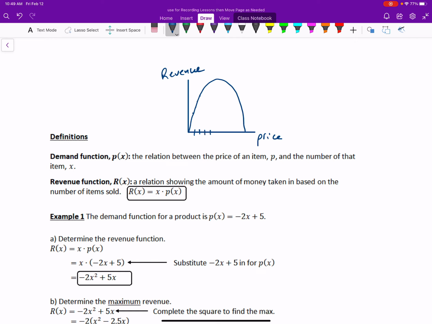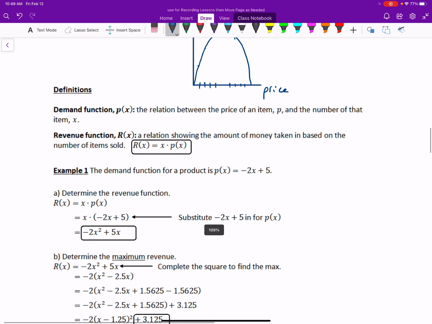But eventually, your price might get so high that people stop buying it. So then the sales are going to fall off, and you're going to start getting less revenue until you've priced your product too high. So that's one of the types of applications we can do with quadratics, and that's what this next couple of examples are about.